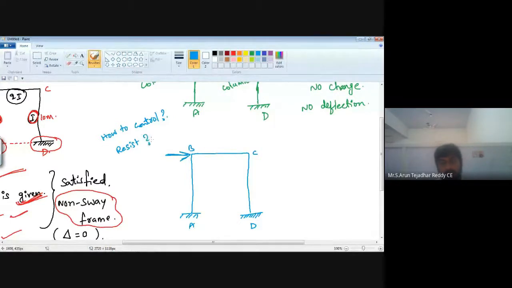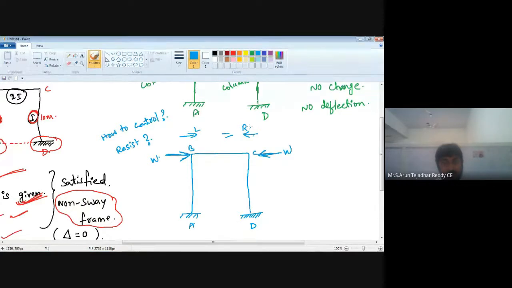Suppose here one load is acting. If you give another load, then the structure resists. It means due to this load, if the left load is equal to the right side load, L equal to R, then it is a symmetrical structure.